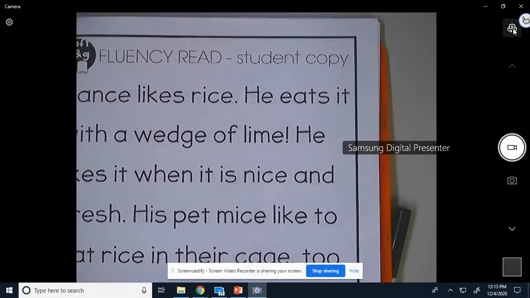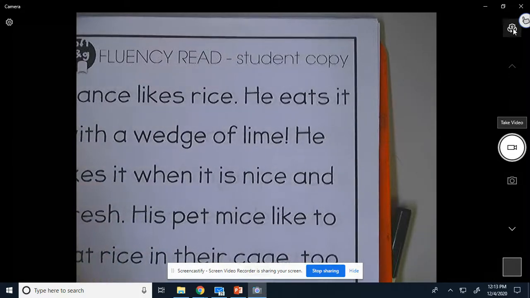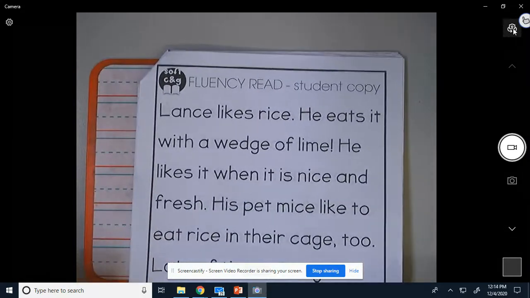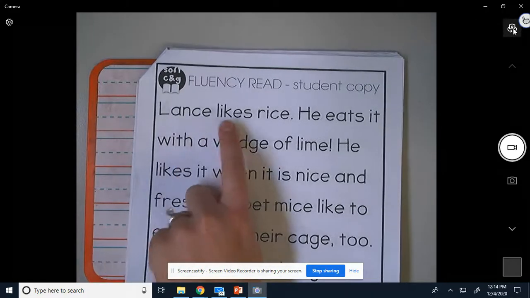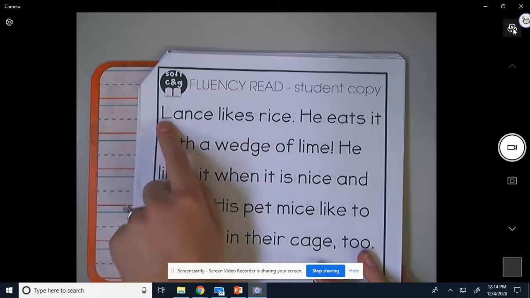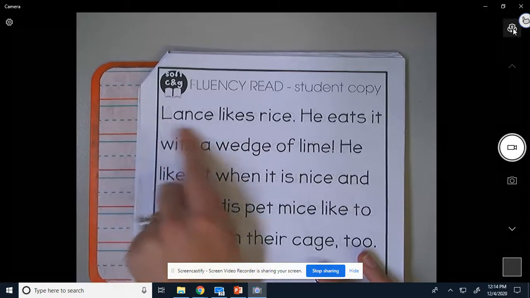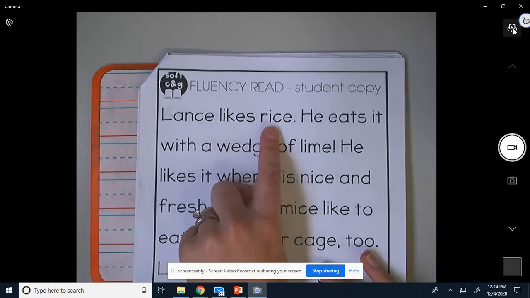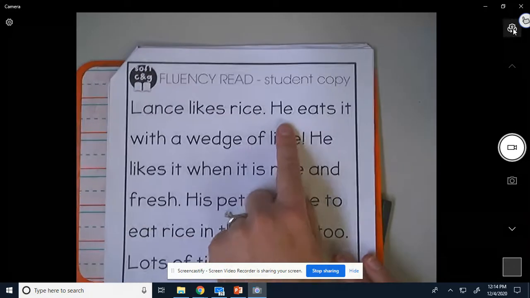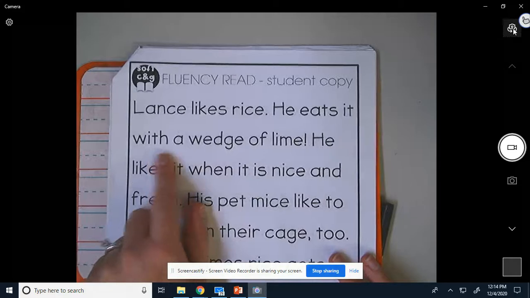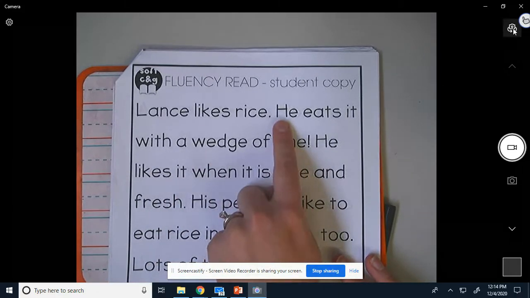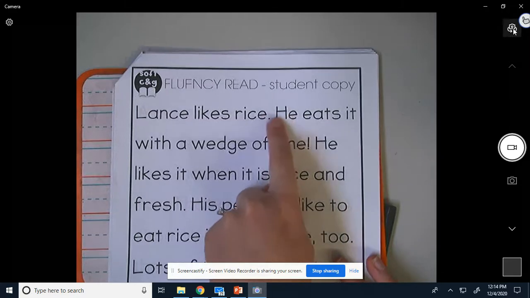Let's look at this. I'm going to show you what it looks like. This says, Lance likes rice. If you notice, the first letter is capital, and the rest are all lowercase. Let's look at the next sentence. He eats it with a wedge of lime.